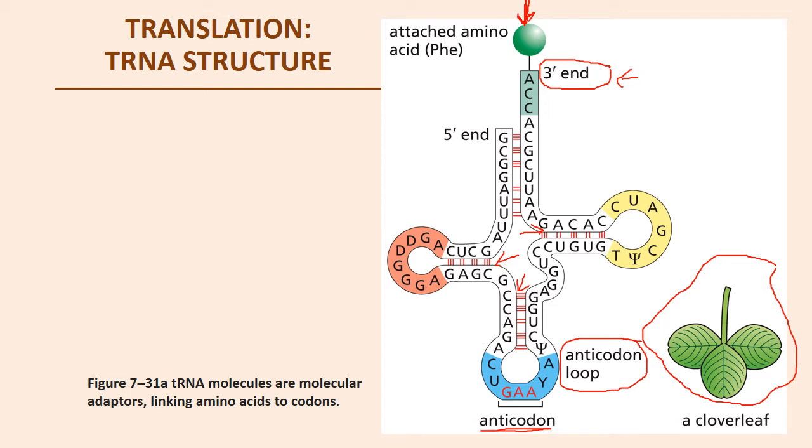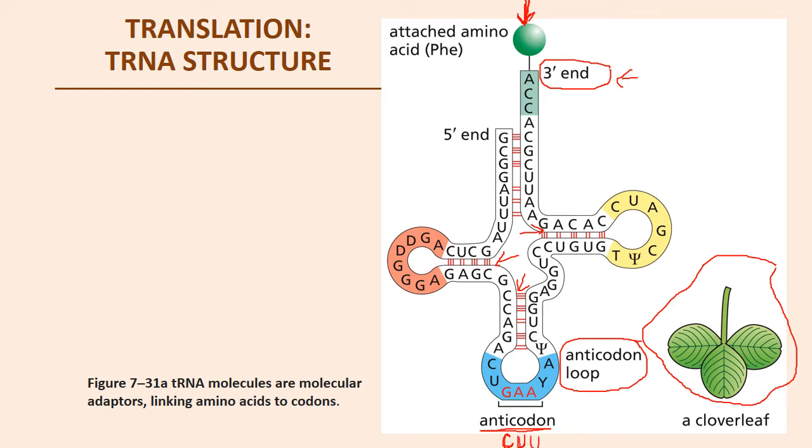So for instance, in this example, the anticodon is GAA. So what would be the codon that it would complementary match to? Well, remember your base pairing rule. So if there's a G on one side, there will be a C on the other end. And if there is an A on one side, there will be a U on the other end. Remember, we're doing RNA, so no T's.